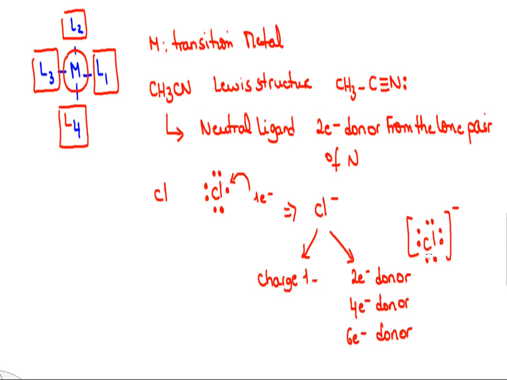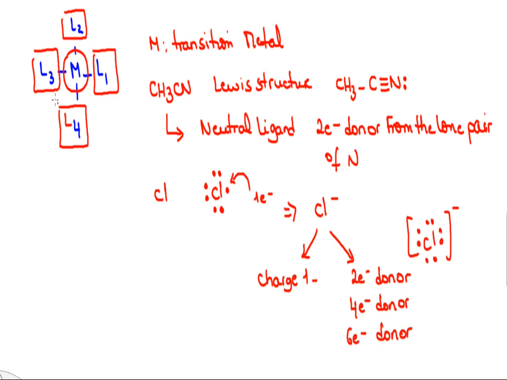In some cases the ligand is a 4 electron donor, and the rare case is for the ligand to be a 6 electron donor, because it depends on the geometry of the ligand. Cl minus is a 2 electron donor.